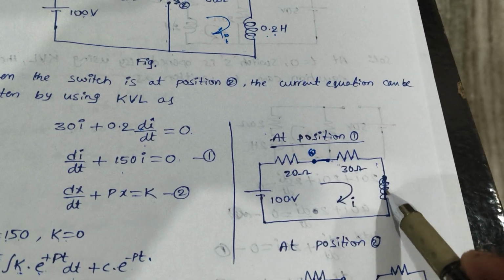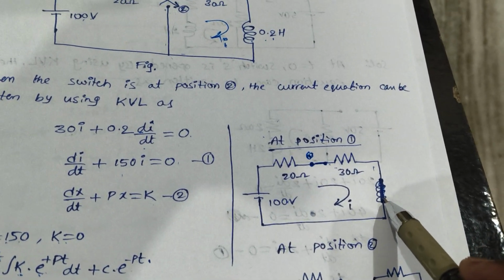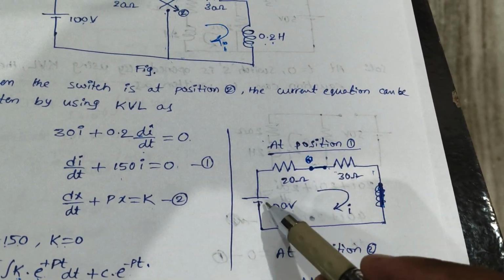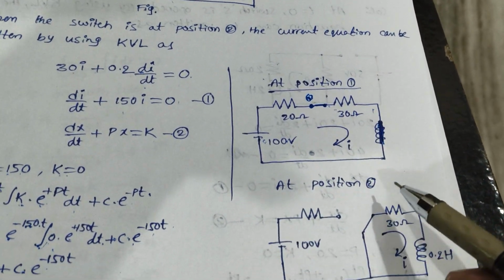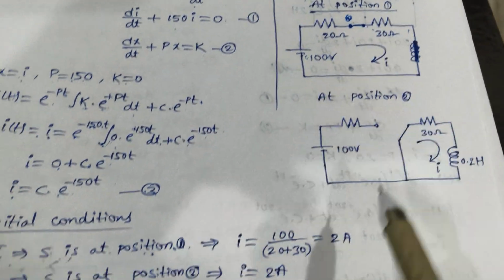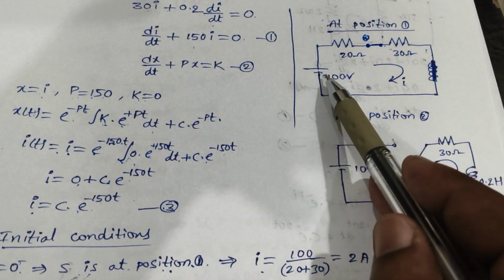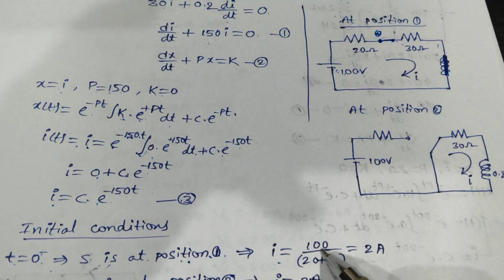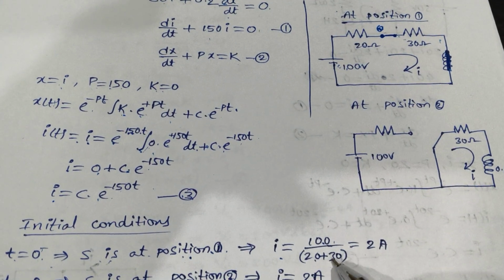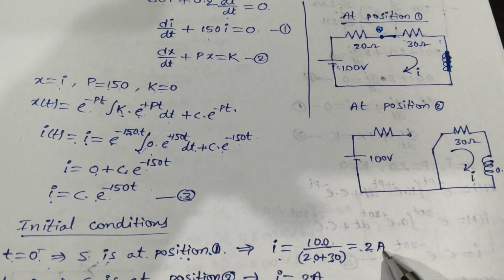In steady state, the inductor acts as a short circuit and a capacitor acts as an open circuit for the DC source. So with the inductor shorted, the current I is simply voltage divided by resistance by Ohm's law: 100 volts divided by 20 plus 30, which is equal to 2 amperes.